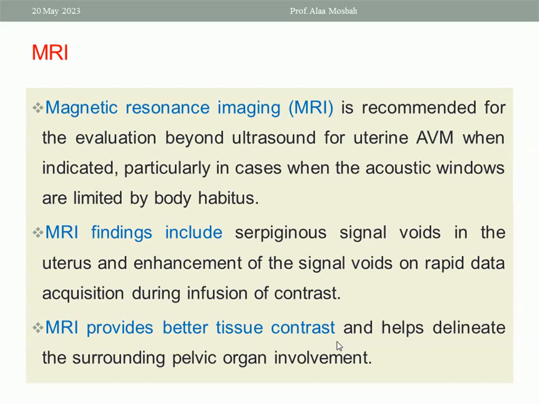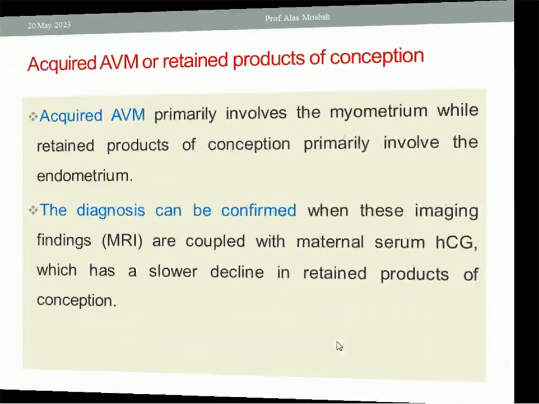By the way, MRI will help you to know if the cause of the bleeding is related to the endometrium or uterine cavity, like retained products of conception, or the cause is inside the myometrium due to uterine arteriovenous malformation. So yes, MRI can differentiate whether the lesion is inside the muscle wall of the uterus or in the endometrium.